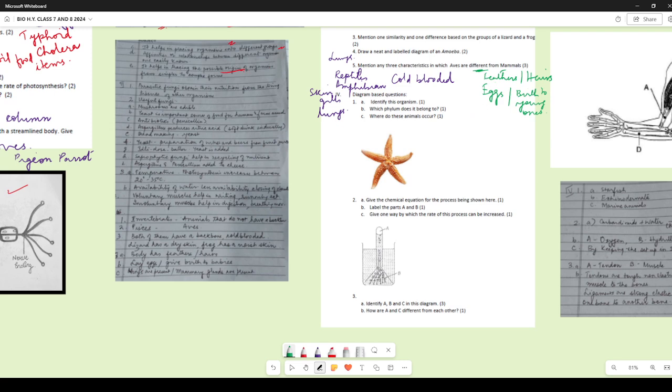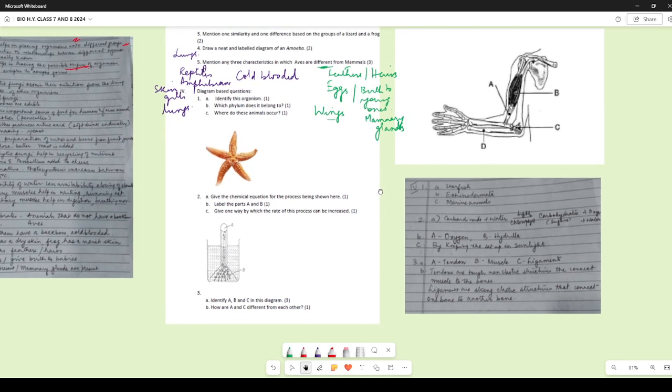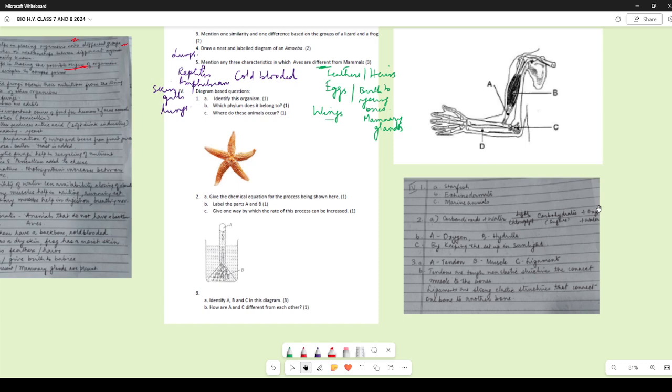In birds, wings are present. Their forelimbs have been modified into wings, whereas in mammals, mammary glands are present, which they use to feed their young ones. So those are the differences between apes and mammals. Now let us look at some diagram based question.